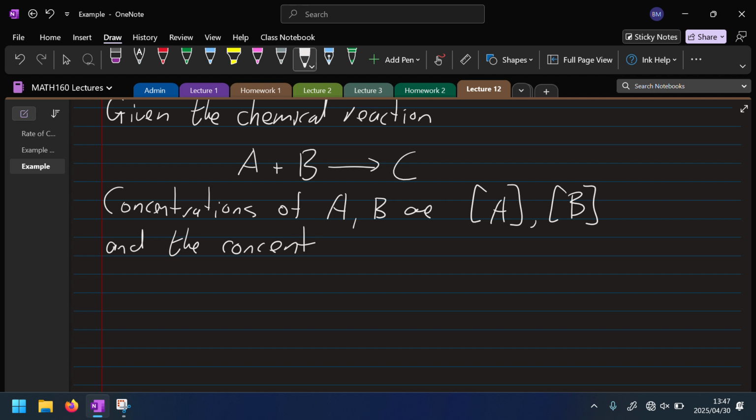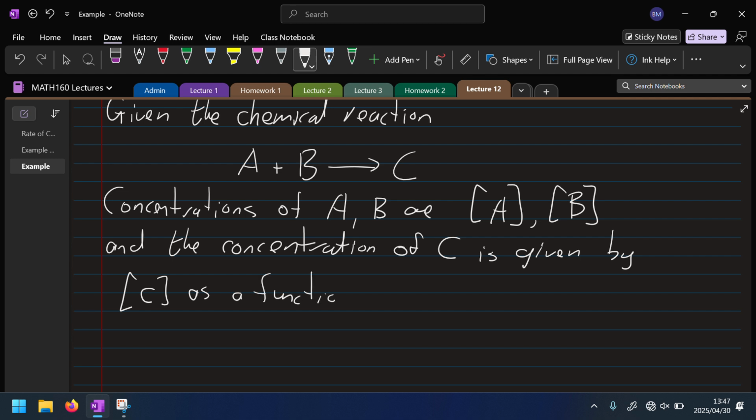And the concentration of C is given by, again, the square brackets, that just means concentration, as a function of time and some alpha, some parameter.